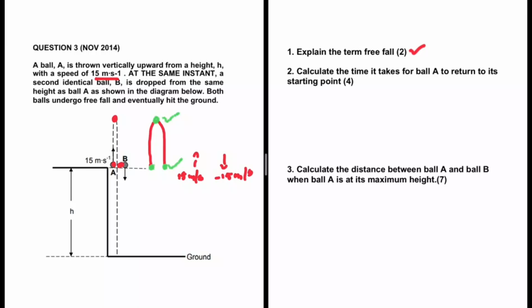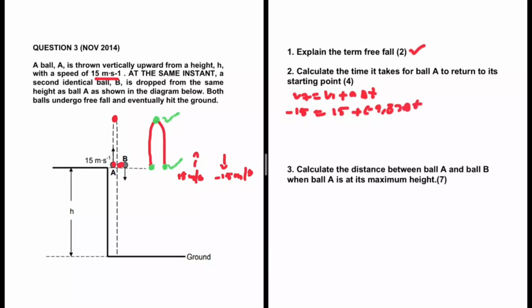So considering the entire motion, using the same equation, Vf equals Vi plus a delta t, Vf would be minus 15 if we consider the entire motion. Vf is equal to 0 if we consider the motion from the starting position to the maximum height. If we consider the entire motion, Vf is minus 15. So we are going to have minus 15 being equal to 15 plus minus 9.8 multiplied by delta t.